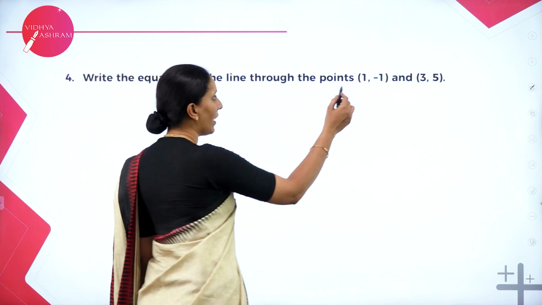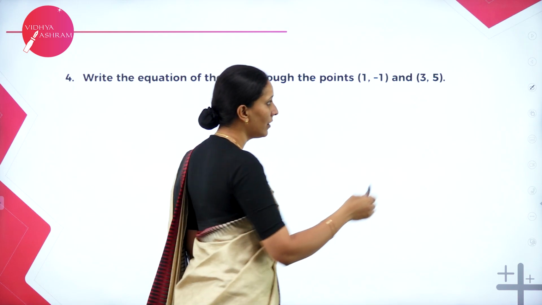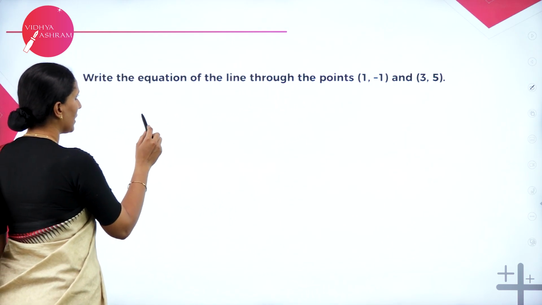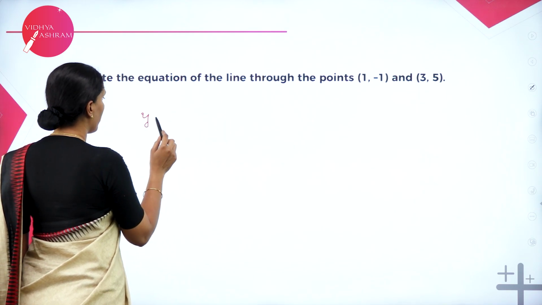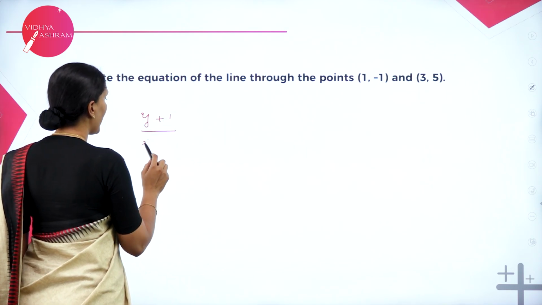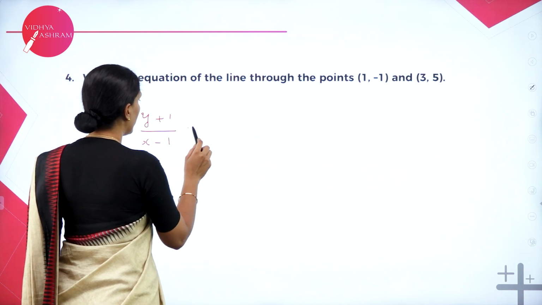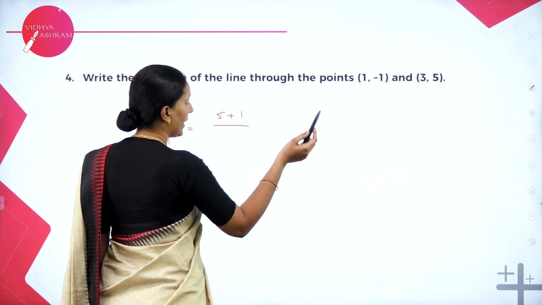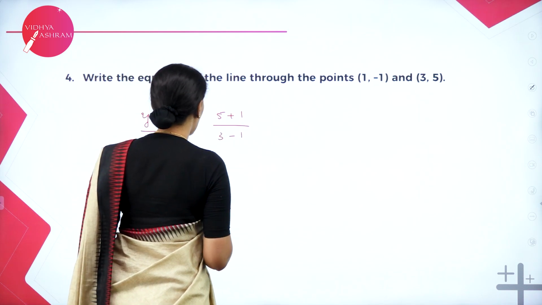So let us consider (1, -1) as (x1, y1) and (3, 5) as (x2, y2). So here this becomes (y minus y1), which is y plus 1, divided by (x minus x1), which is x minus 1, is equal to (y2 minus y1), which becomes 5 plus 1, over (x2 minus x1), which becomes 3 minus 1.